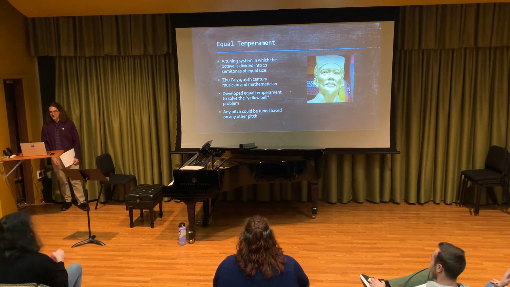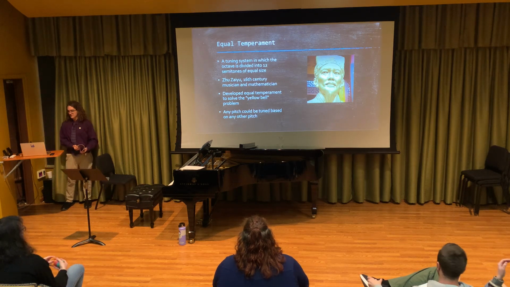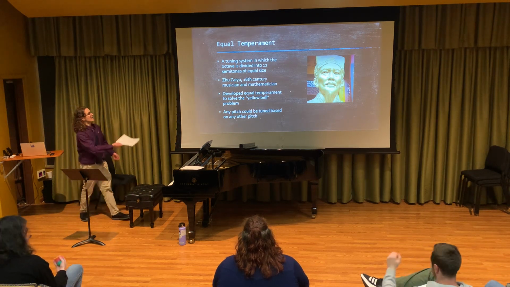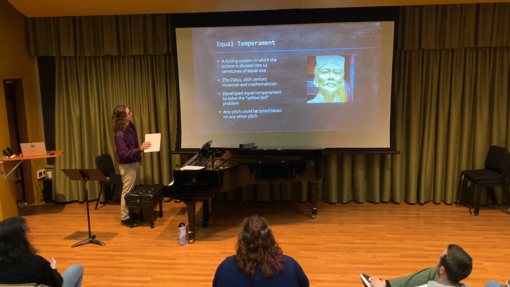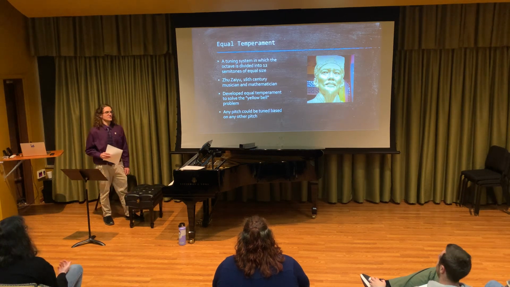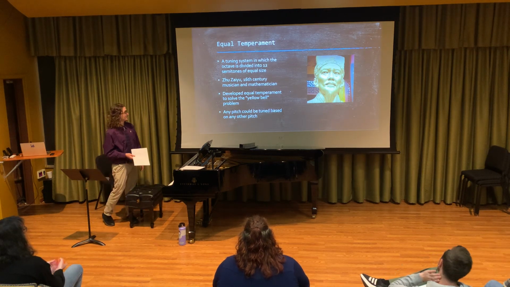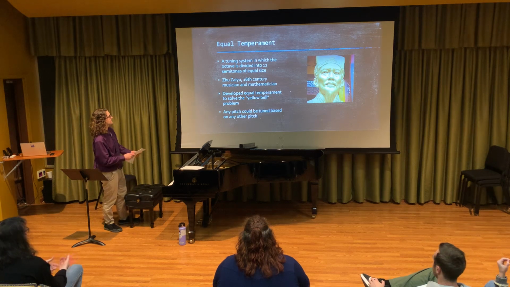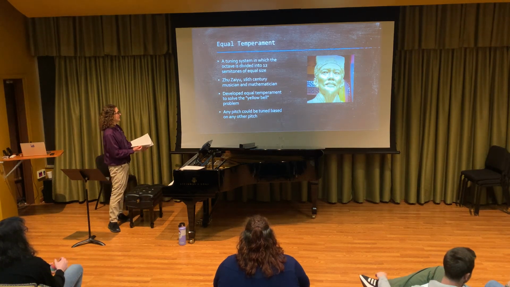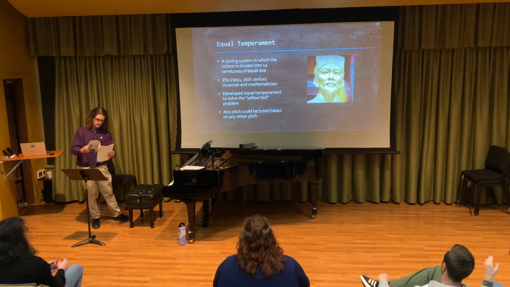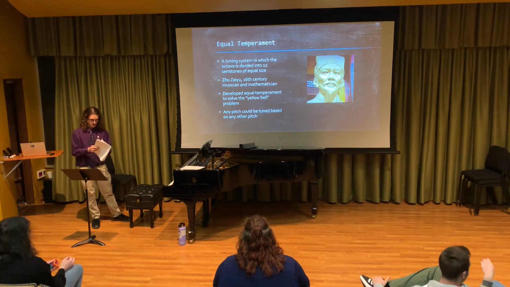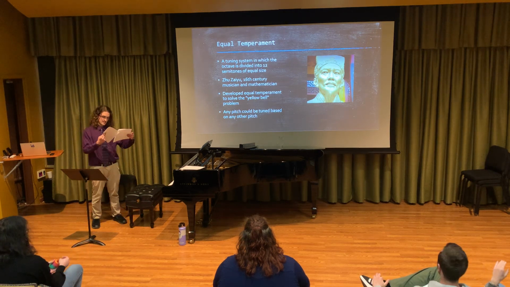A system in which the octave is divided into 12 semitones of equal size. This guy, I tried to Google how to pronounce it, so if I'm getting it wrong, I'm sorry. Zhu Zaiyu, a 16th century Chinese musician and mathematician. He developed equal temperament to solve the yellow bell problem, and I'll tell you guys about what that is.